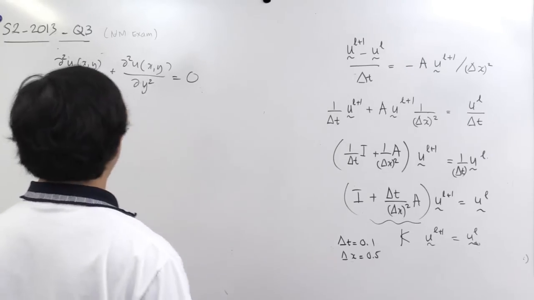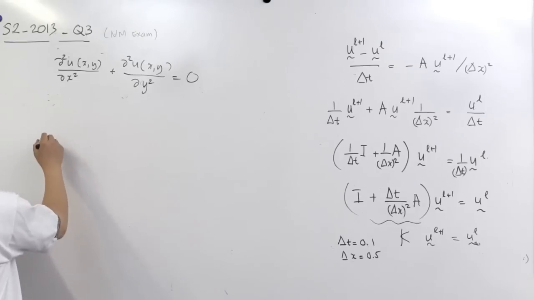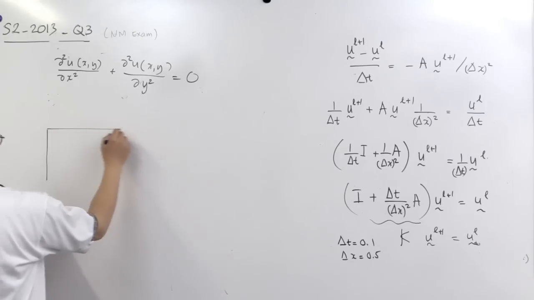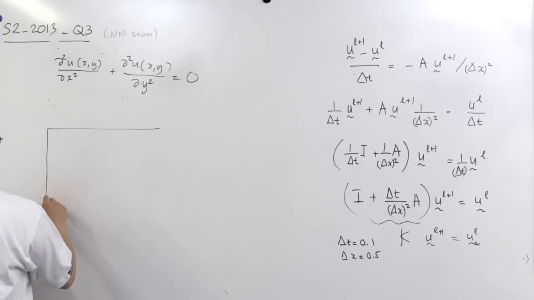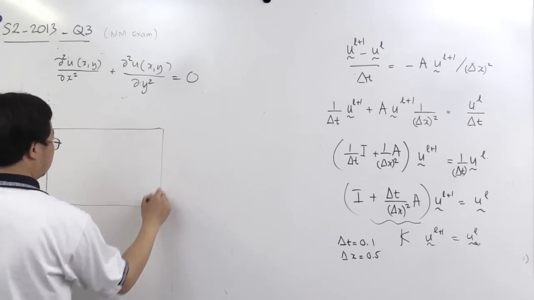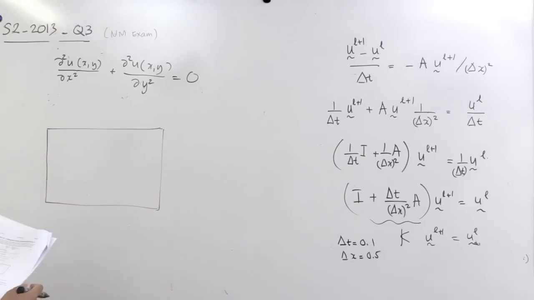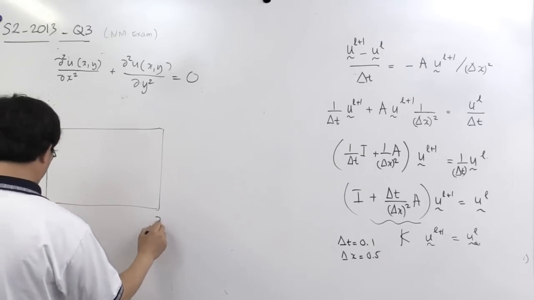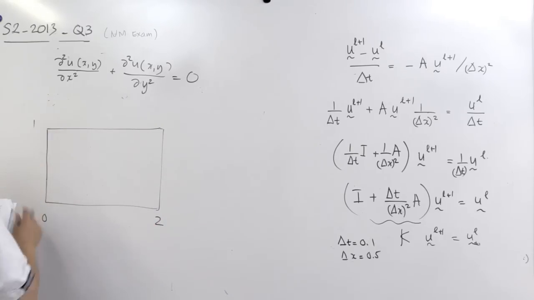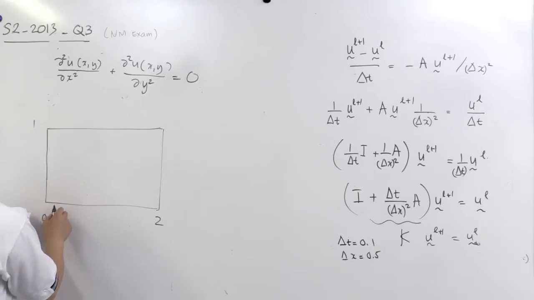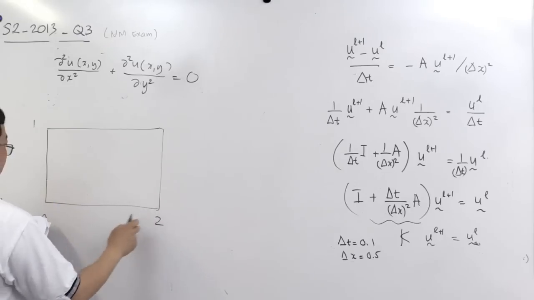Now the region is a rectangle. The rectangle is given, the picture is given in the exam, and here x runs from 0 to 2 and y runs from 0 to 1. Okay, and then you just cut this into 10 equally spaced.